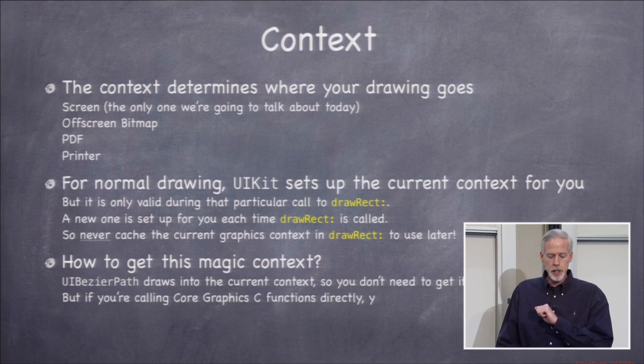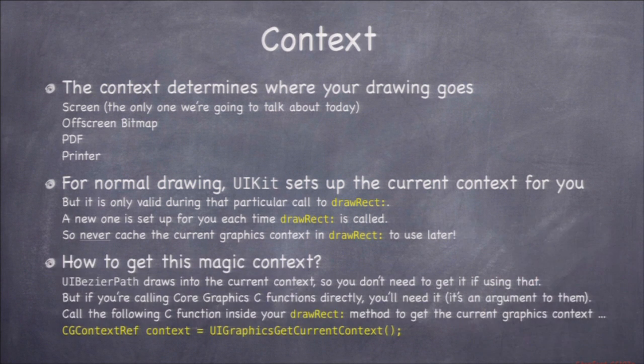And if you want to call the CG functions, you call this method UIGraphicsGetCurrentContext. If you call this inside your DrawRect, you'll get a little cookie that you can hand off as the first argument to all these Core Graphics functions. Okay? And you're not going to need those CG functions very much, only when UIBezierPath won't do what you want, which is pretty rare. Okay, so this is the magic thing.